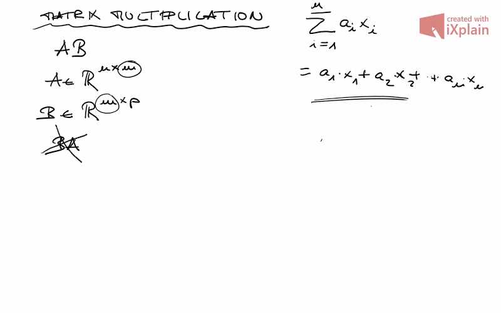That doesn't work, unless p and n are the same number. But because they're different symbols, we can safely assume in general that they are different numbers. So this is the condition that needs to hold. To compute the matrix product, A needs to have m columns and B needs to have m rows. N and P are free to vary.